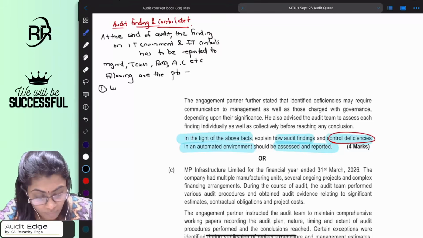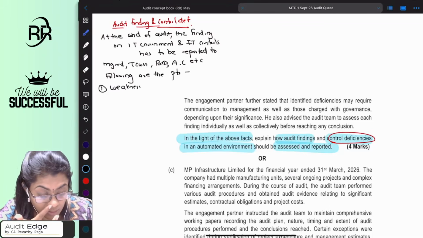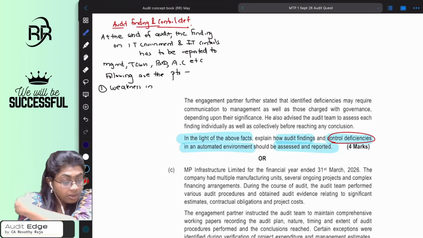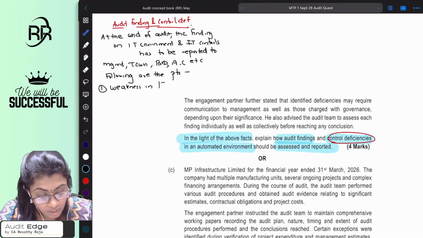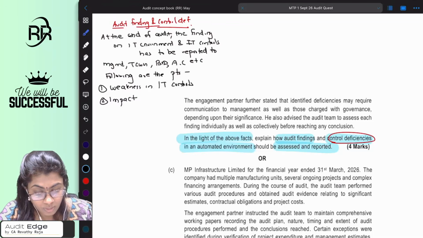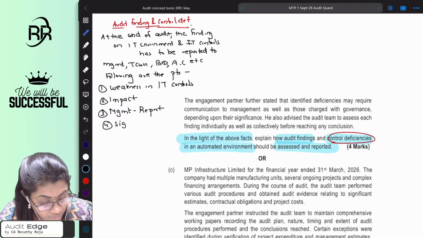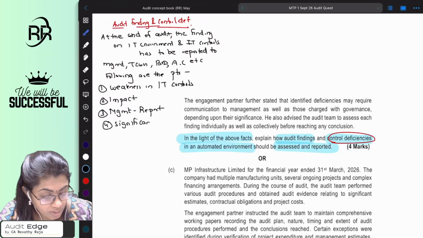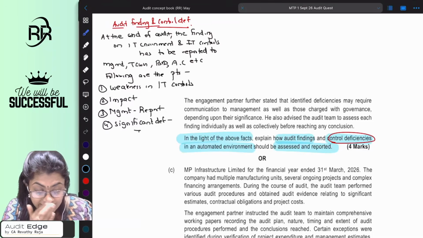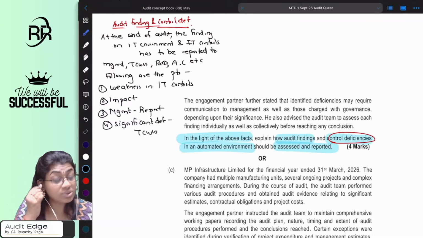First, what are the weaknesses in IT controls? How will it impact the audit? Now, these controls have to be reported to the management. If it is significant deficiencies, it has to be reported to TCWG. We learn in SA 265 also.